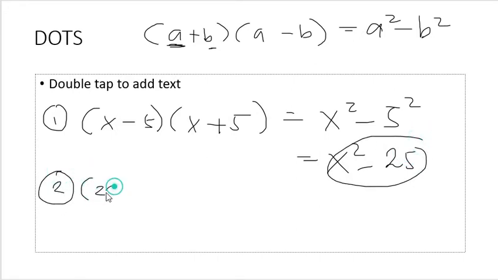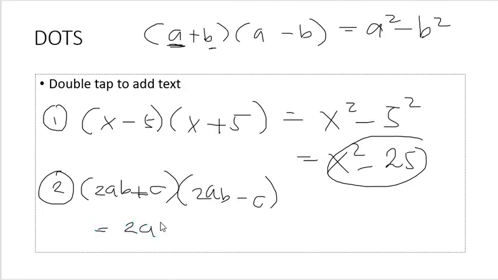Another example would be 2ab plus c and then 2ab minus c. We have the same first terms and same second terms. The only difference is our operation. So we need to square the first term, then minus, square the second term.